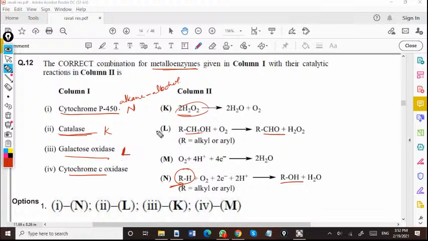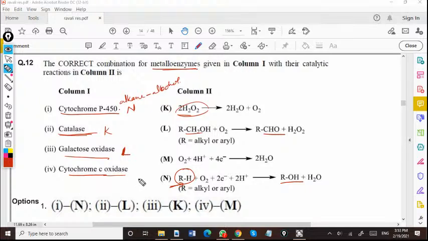You can find all these reactions in biochemistry or biosynthetic pathways books, or in bioinorganic chemistry details. Try to find the reference books. This is all referred to in standard books, so it will give the accurate answers.